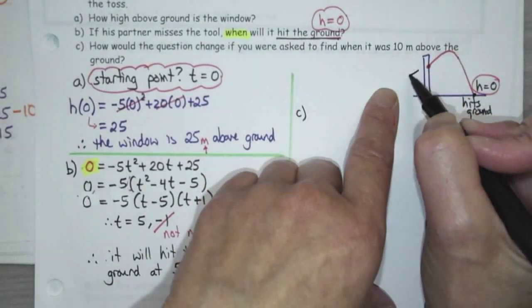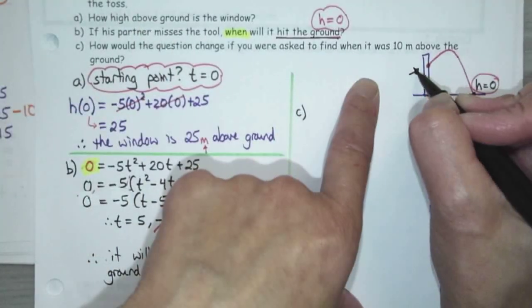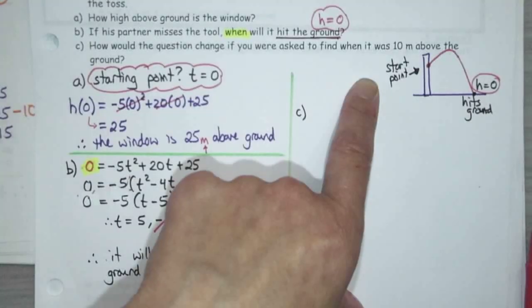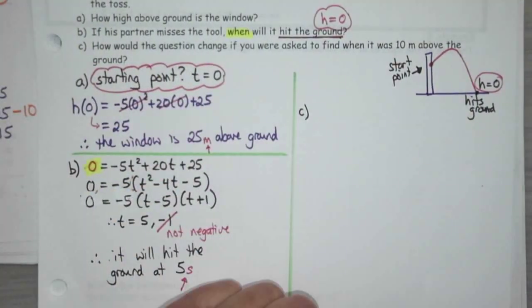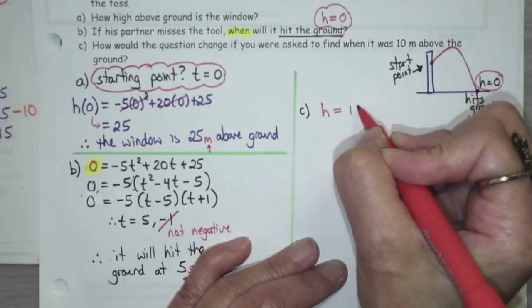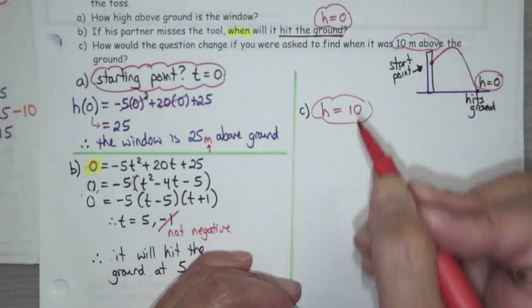This part here was the start. This is my start point, when I first threw it out the window. What if I said 10 meters above the ground? What would I do? So H would be 10. If it says 10 meters above the ground, that's saying H is 10.